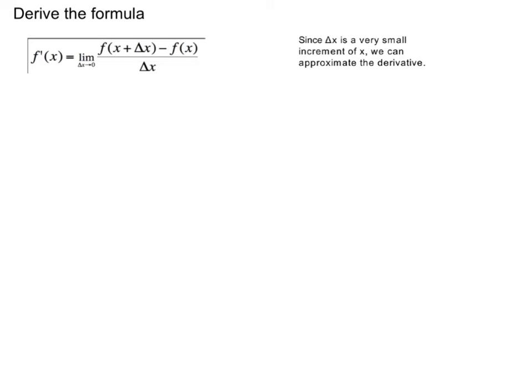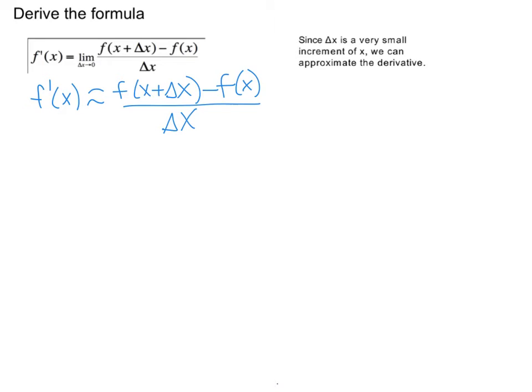So we want to rearrange it a bit and say that if we approximate it, f prime of x is close to the difference quotient, f of x plus delta x over delta x. Notice that we're just taking off the limit. We're not doing an exact definition, we're doing more of an approximation.